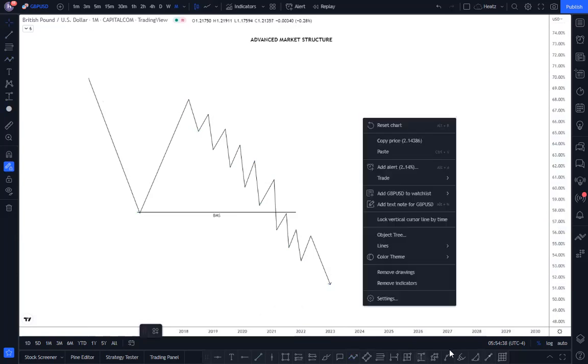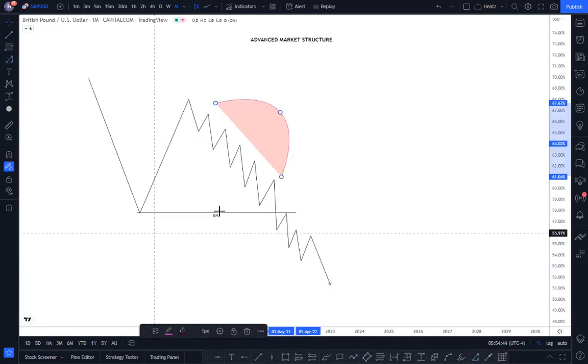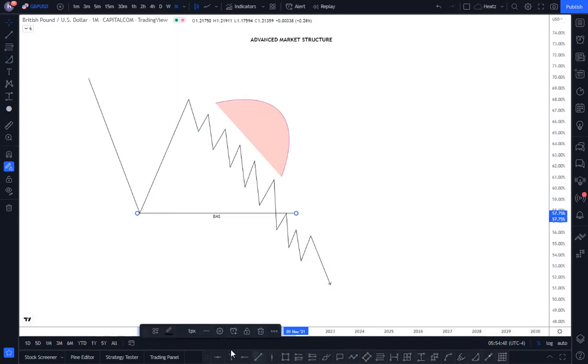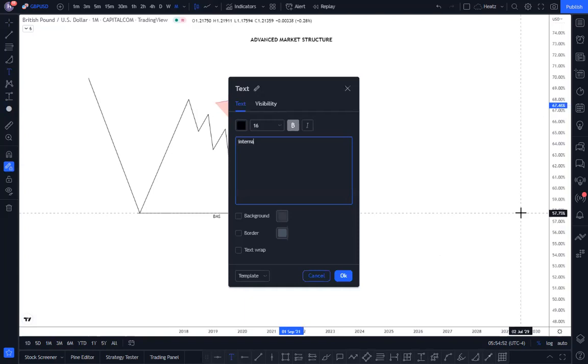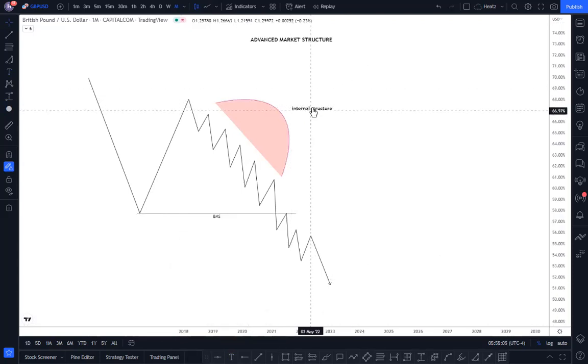Now, this whole structure that was created in here, before the break of this low here, is what we call the internal structure. This is what we call the internal structure.